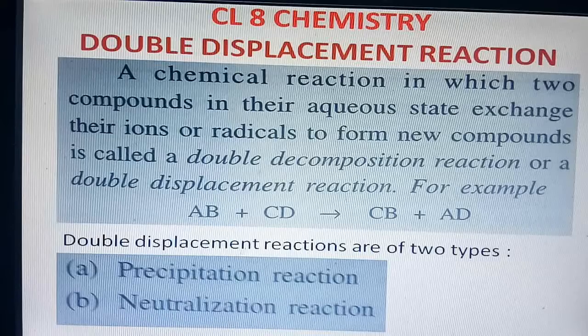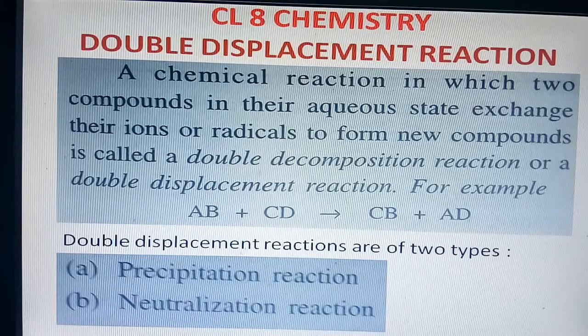A chemical reaction in which two compounds in their aqueous state, meaning when they are in their solution form. That means if AB is the compound, then this AB has to be dissolved in water, and CD also has to be dissolved in water, and then finally when you mix this AB and CD, there will be exchange of ions.